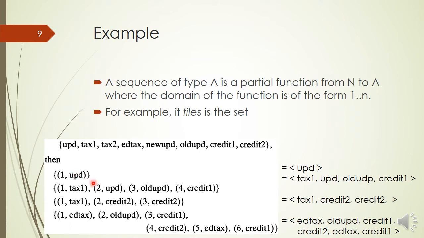There is another partial function which represents a sequence of elements of the set files, and the position of element text1 is 1, the file update is 2, the index of the old update file is 3, and the index of file credit1 is 4. And this is the similar representation with angle brackets.